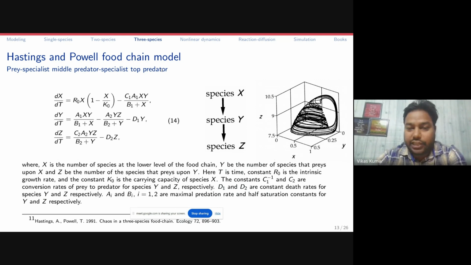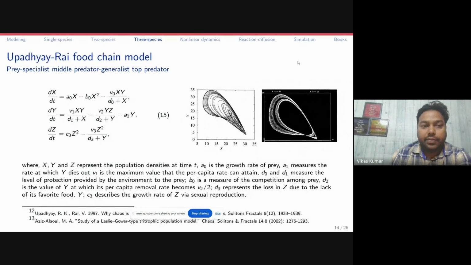So this is a food chain model. Hastings and Powell observed chaos in the system. You can see here there is a chaotic attractor. This is the specialty of food chain models. There is a possibility you can obtain chaotic attractors or chaos in food chain models, and if you want, you can control or detect them. I'm just showing you the example, not discussing everything in detail.